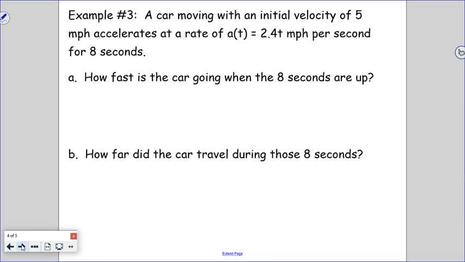A car moving with an initial velocity of 5 miles per hour accelerates at a rate of a of t equals 2.4 t miles per hour per second for 8 seconds. How fast is the car going when the 8 seconds are up?